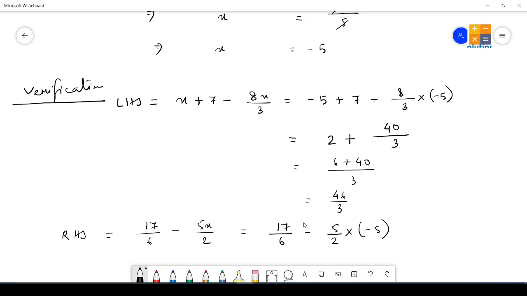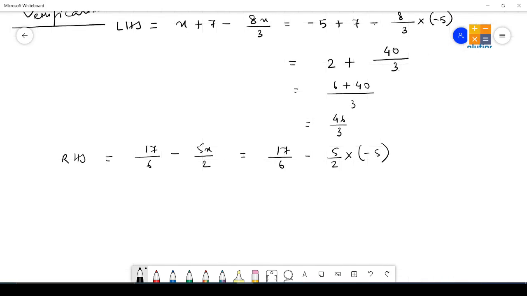In the next step, just put the equal sign below the equal sign. 17 by 6, minus into minus will turn positive. Then 5 into 5 is 25 divided by 2. We know that the LCM of 2 and 6 is always 6, because 2 times 3 is 6.